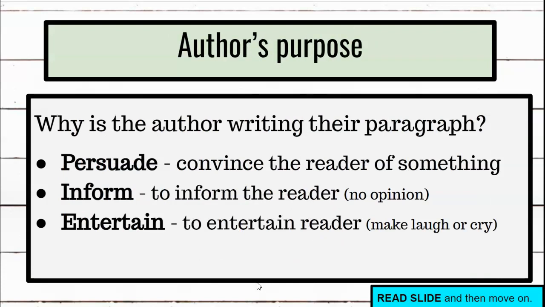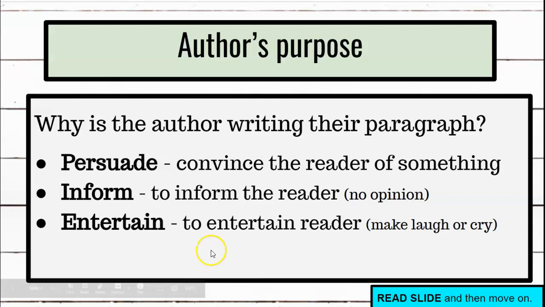Now let's look at the second part of main idea, and that's the author's purpose. As in, why is the author writing their paragraph? And there are 3 different purposes. The first one is to persuade, which means they are trying to convince the reader of something, that their opinion is right or that the reader should try something.